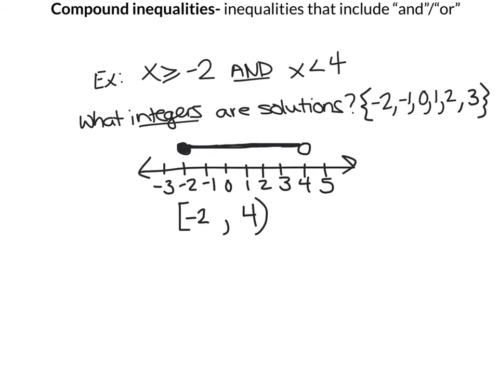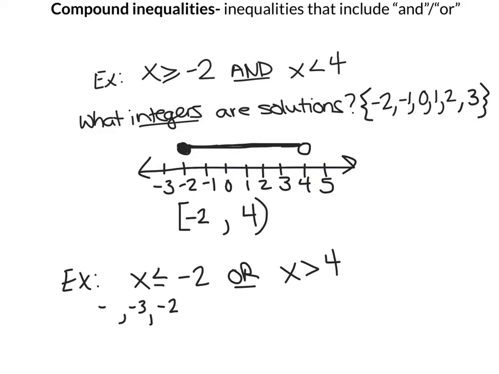We're going to look at another example, similar but different. This one says x is less than or equal to -2, or x is greater than 4. So if we think about this first inequality here, x is less than or equal to -2, I could have -2, but if I want numbers that are smaller than that, that would be -3, -4, and so on, getting smaller.